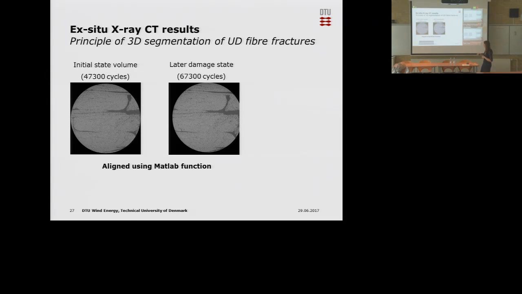So that was done in MATLAB. You can see now this is aligned, so it's moved a little bit to fit with the other volume, and then subtracting them from each other, which gave, you can say, a volume which had all the differences between the two volumes, so the change in damage, which gave all the openings of the cracks and all the additional damage that would have occurred.